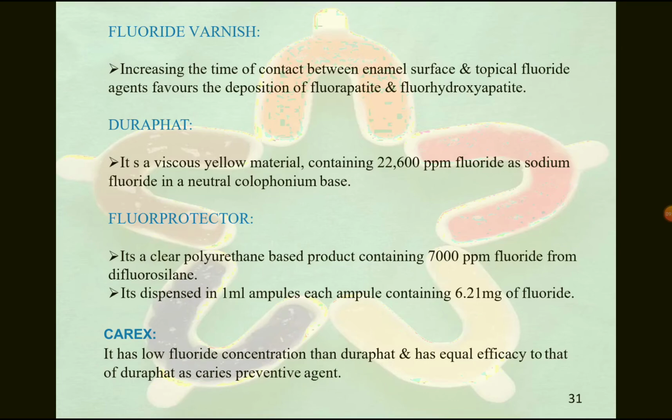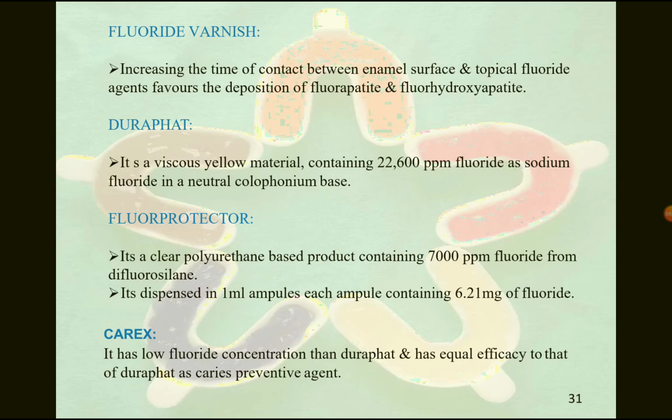Cavity Shield. Duraflor is a viscous yellow material containing 22,600 ppm fluoride as sodium fluoride in a neutral colophonium base. Fluor Protector is a clear polyurethane based product containing 7000 ppm fluoride from difluorosilane.